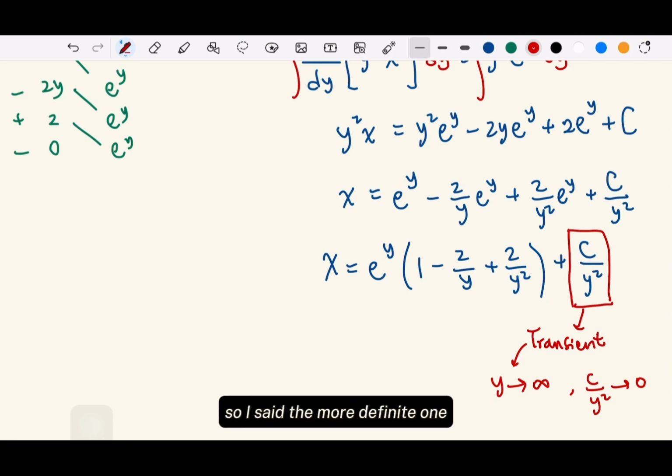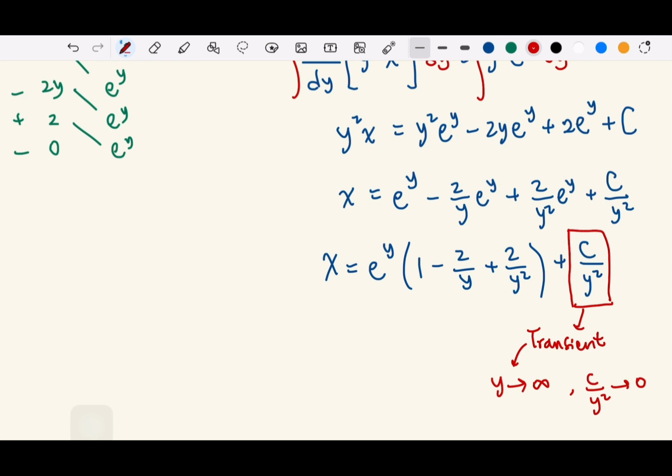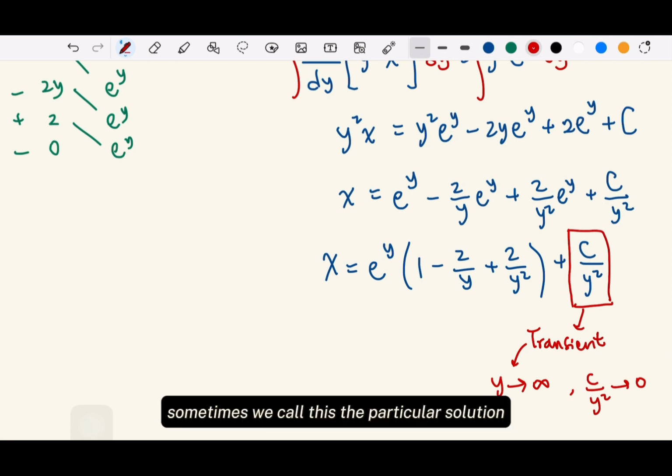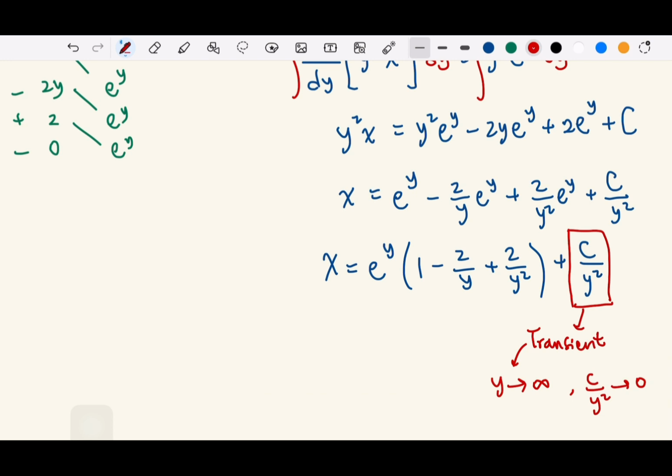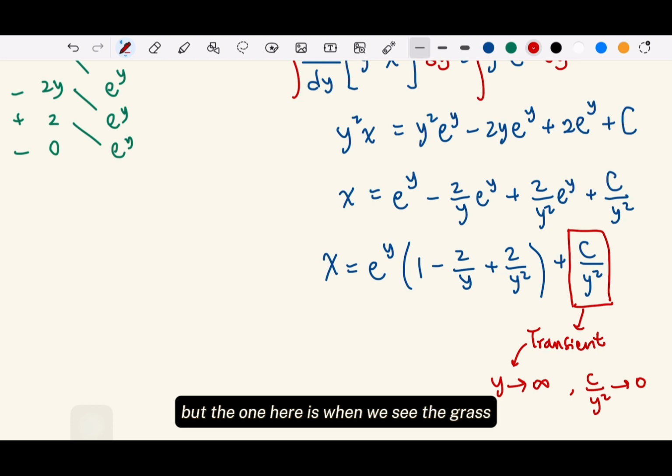So actually, the more definite one when you see the graph is this part here. Sometimes we call this the particular solution. But the one here, when we see the graph, sometimes it's not going to appear in the graph.